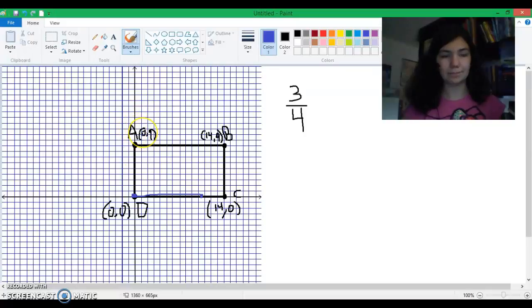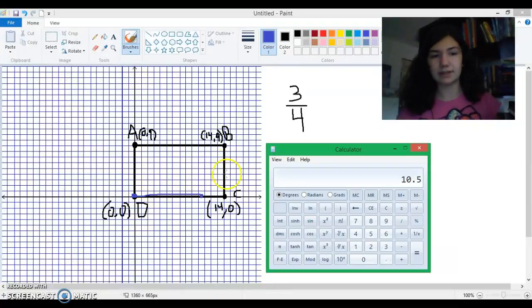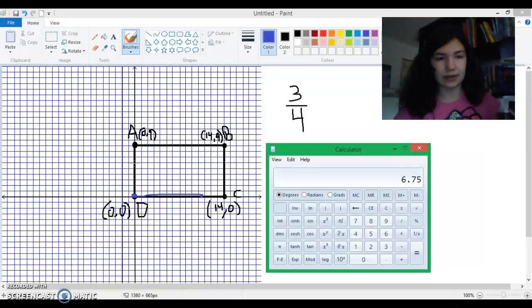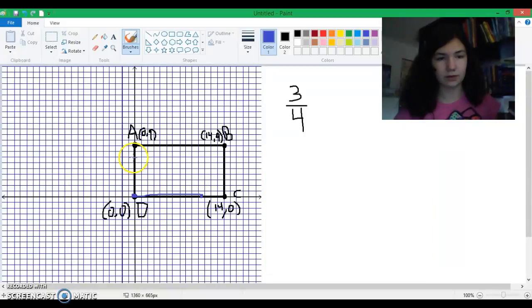Now we'll take A. And we know that since A has 0 as the x value, it will never move off of the y line. So it will either go up or down. In this case, down, because it's a contraction. So we'll take 9, the y value, and we'll multiply it by 0.75. We'll get 6.75. Alright, so 1, 2, 3, and so that's about right there. So we'll draw the line.